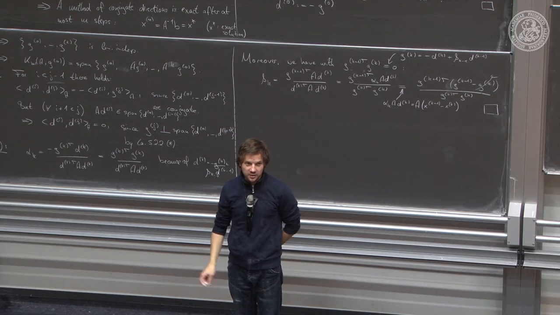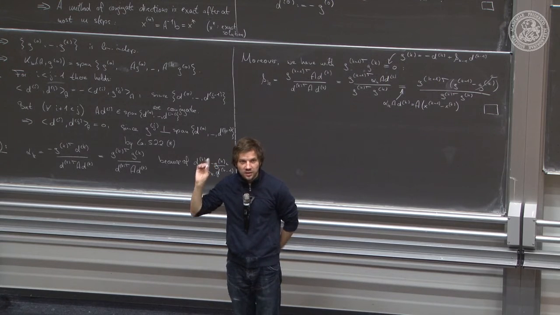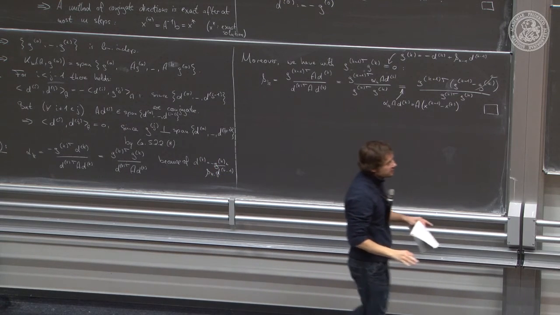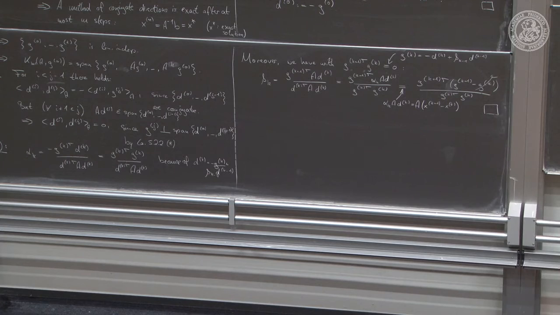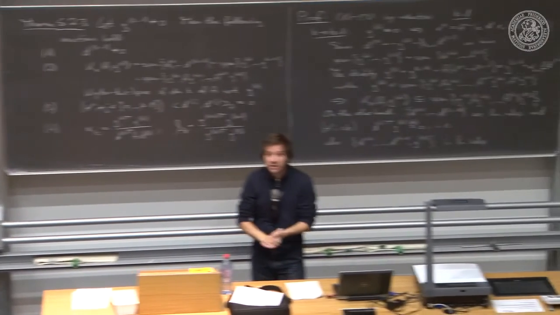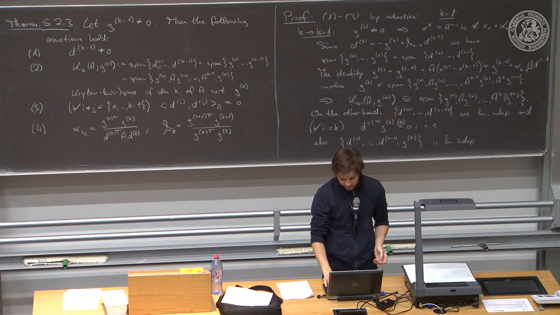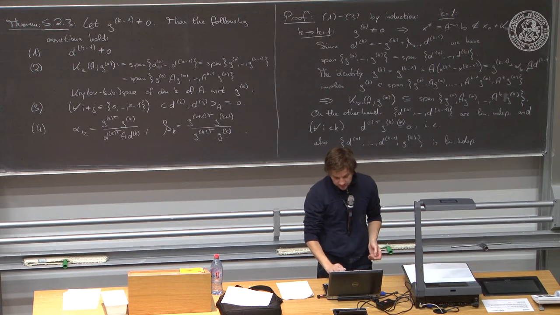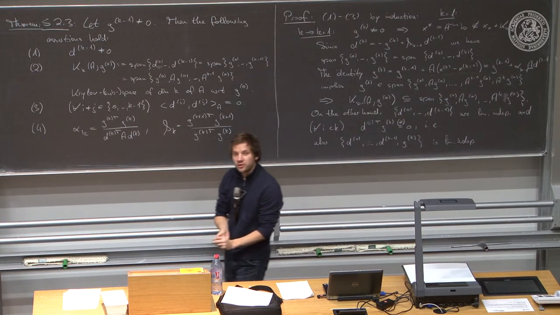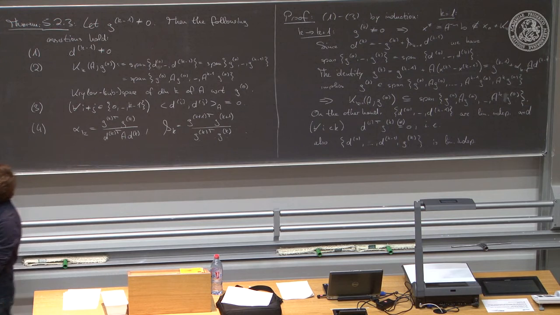Okay, some questions so far? So that was really technical and maybe not that nice to follow, but the next result is really quite nice, I promise you. It's about the convergence rate. We see in that result that the convergence rate is indeed better than that of the gradient method.